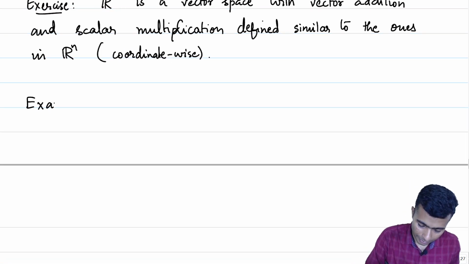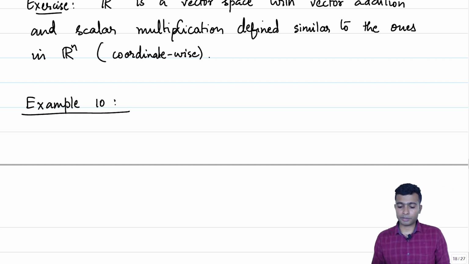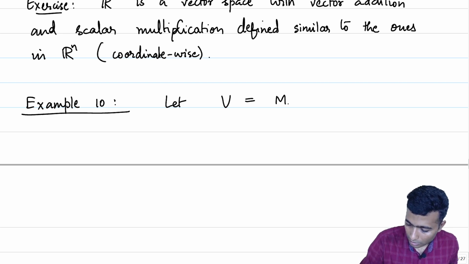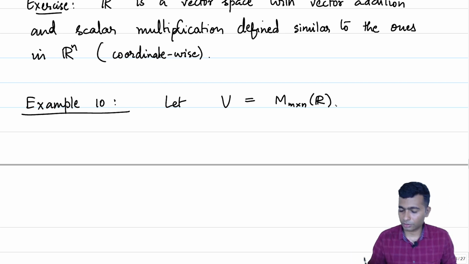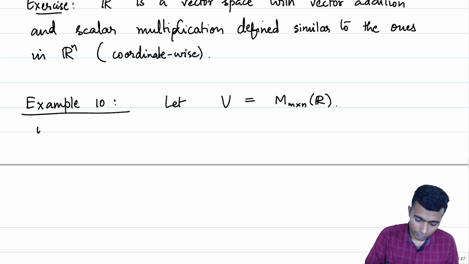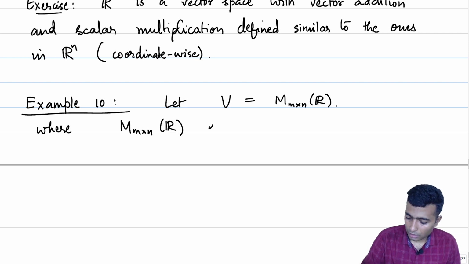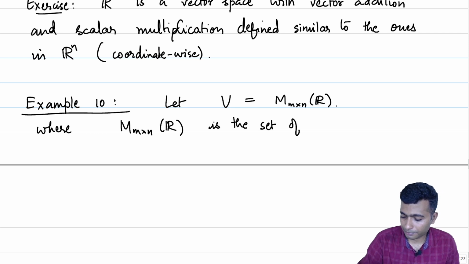So, example 10. Example 10 is again the classical notation m cross n of R. This is an example which you will be quite familiar with, where m cross n of R is the set of all m cross n matrices.